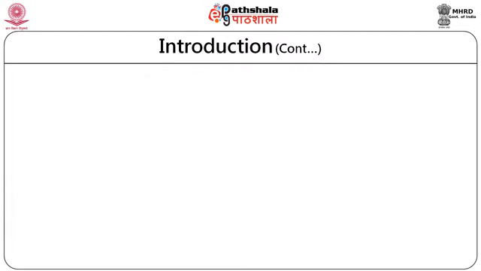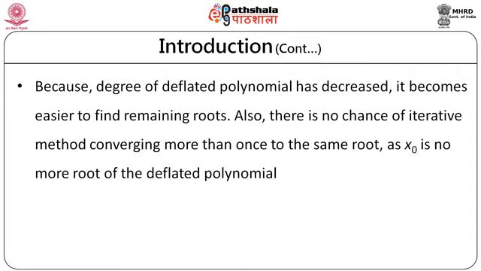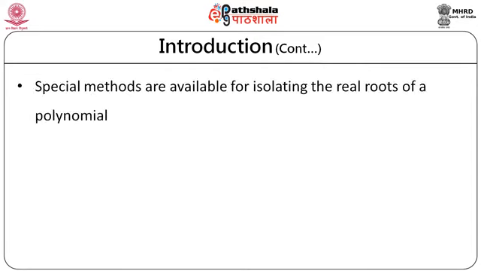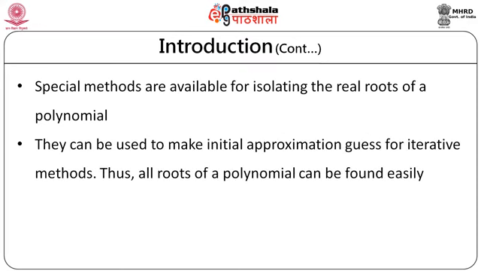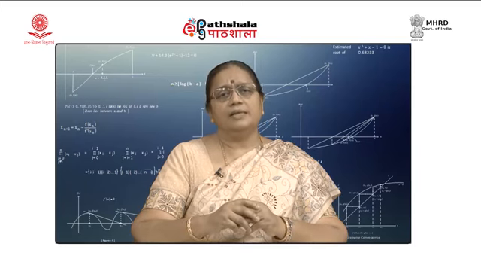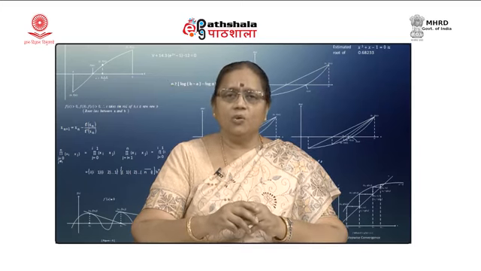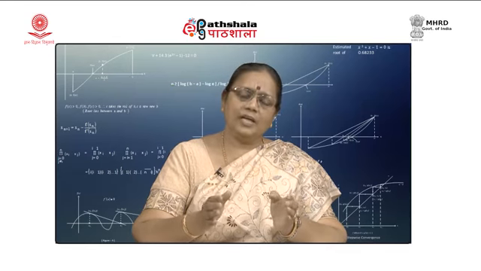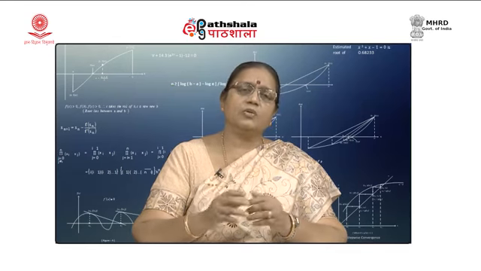And therefore, in the case of polynomials, there is one more thing: there are special methods available for isolating the real roots of a polynomial. The advantage of this is that we can know very well where the roots are located, and so we can know the intervals under which the root lies.